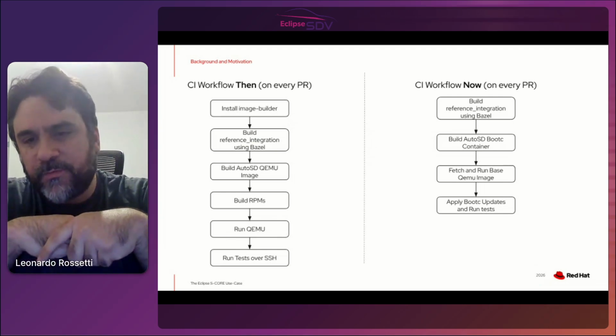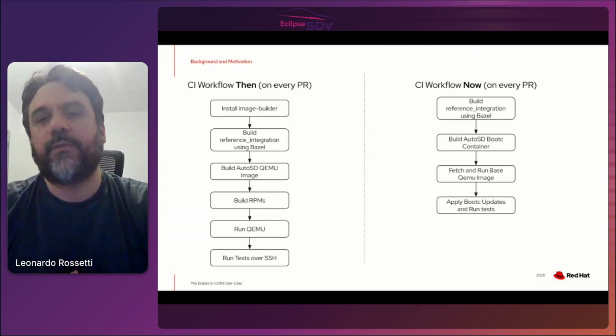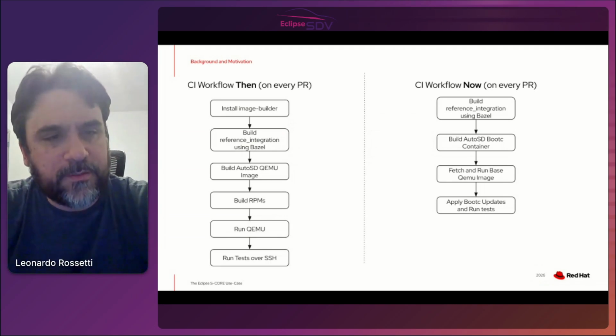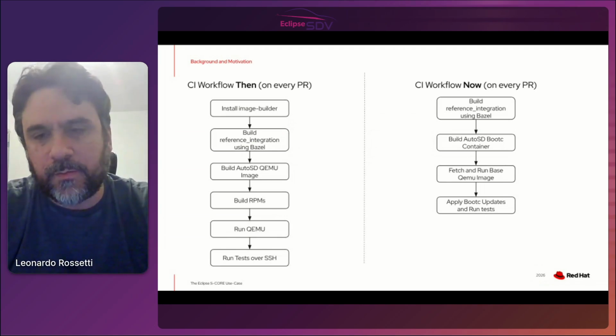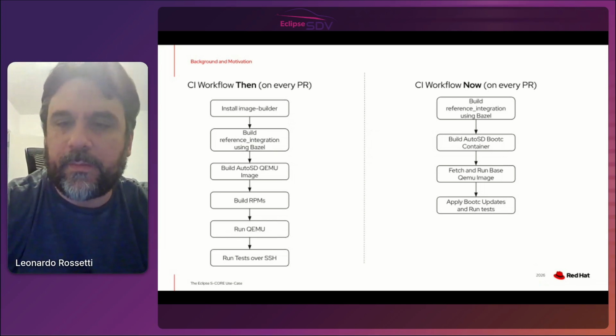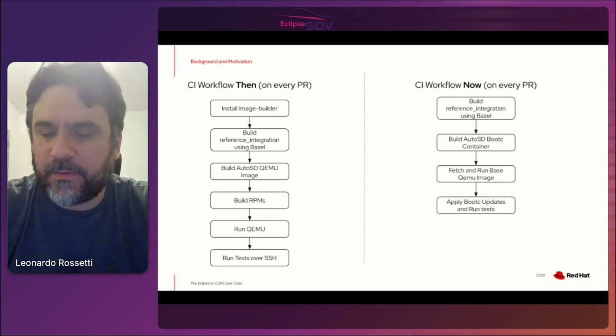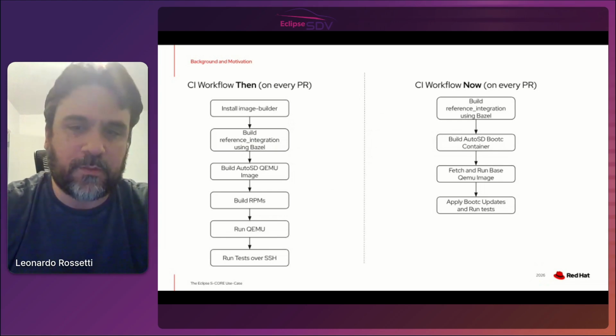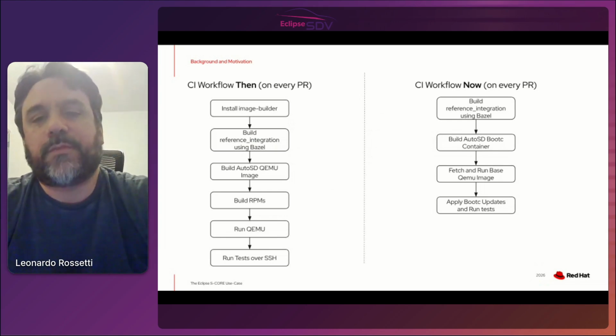Then we moved to another technology. Instead of building everything from scratch on every PR, we use something called bootc, which I'll get into in detail later in this presentation. bootc stands for Bootable Containers. So what does that mean?